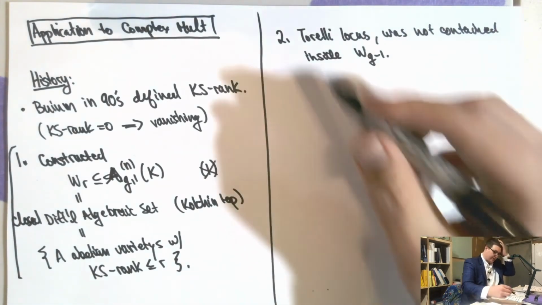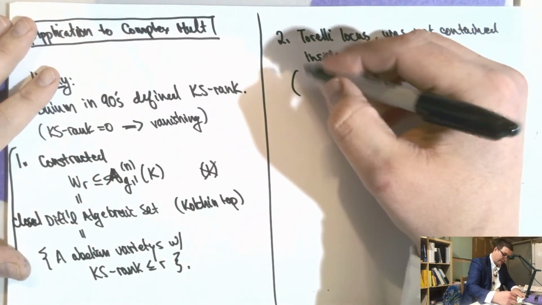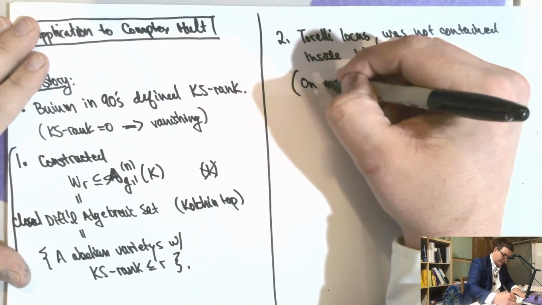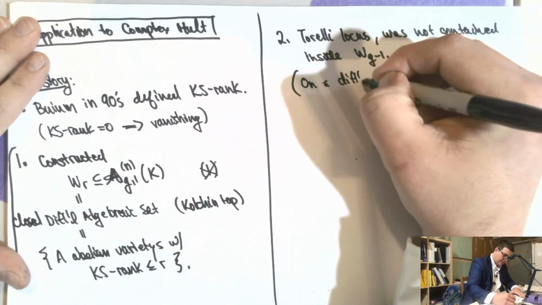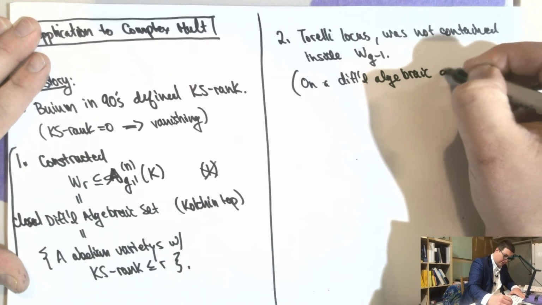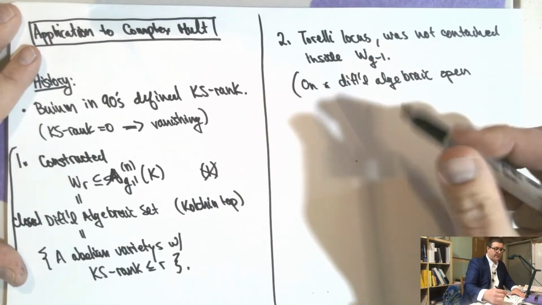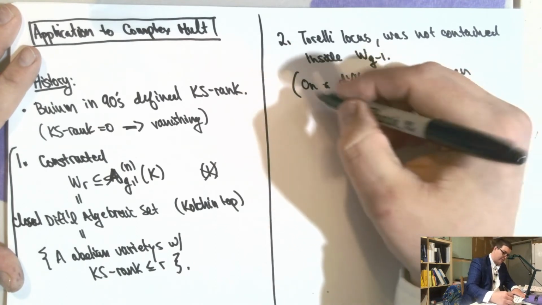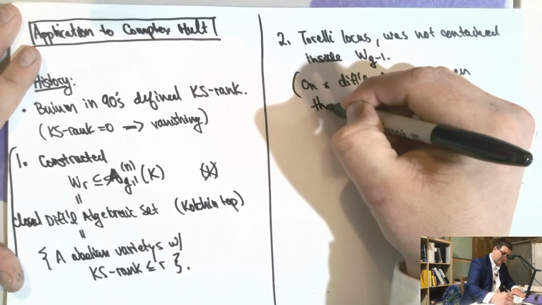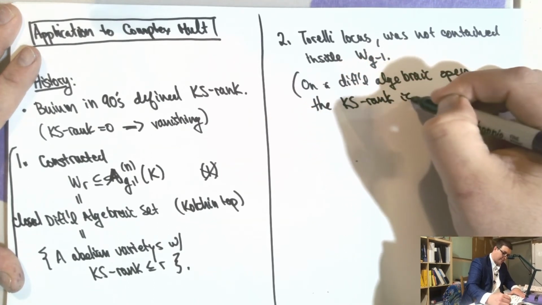So in particular, generically, on a differential algebraic open, we have that the Kodaira-Spencer rank is maximal.